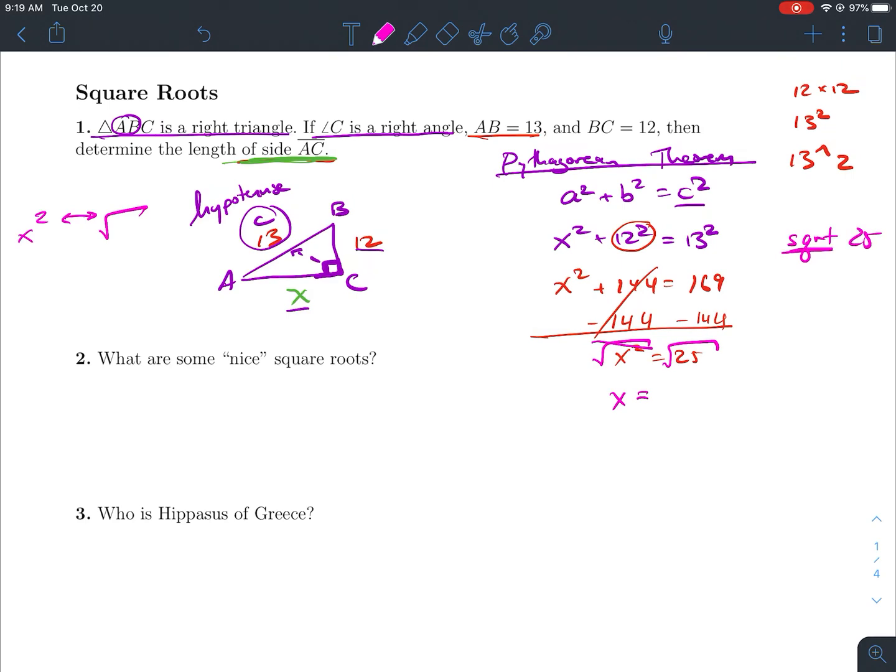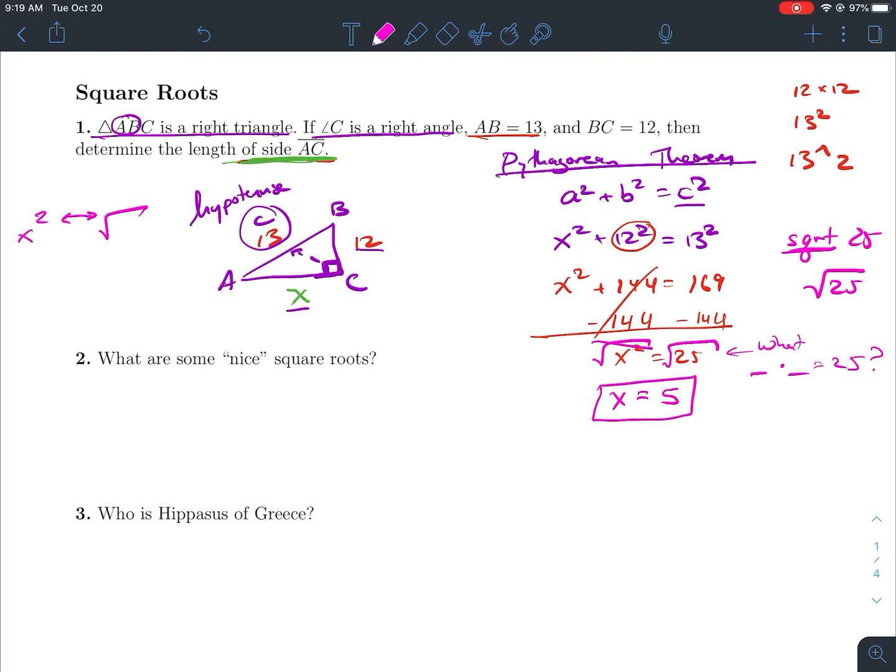And it should auto-change the word square root here to the symbol square root. But this one we can actually do in our head because this is a nice square root. What the square root asks is, what number times itself equals 25? And that's the number 5. So the square root of 25 is 5.